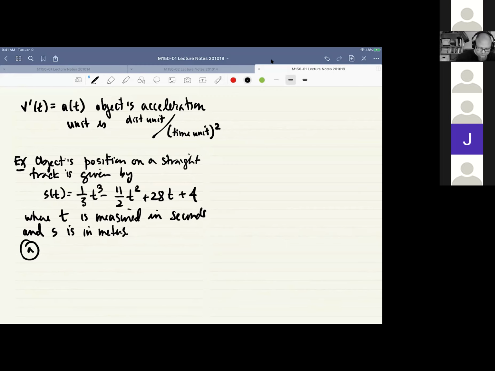So question, what is the object's velocity at time t?